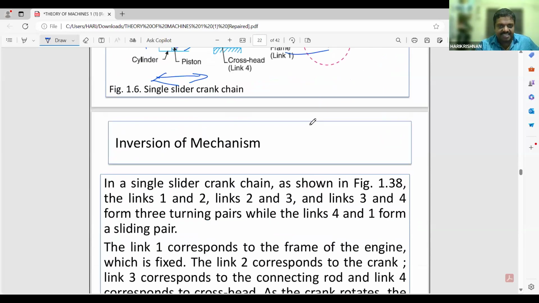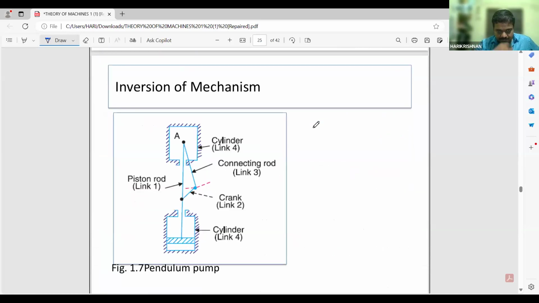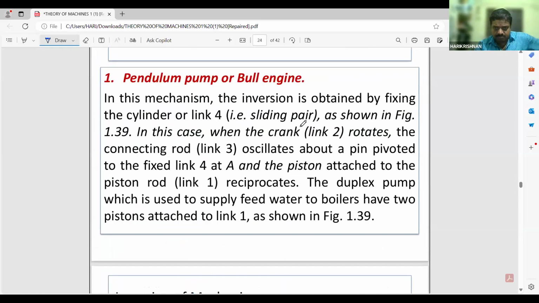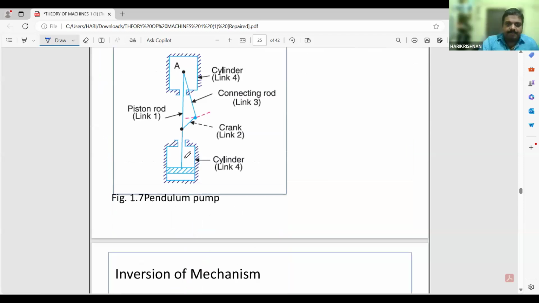Next are the inversions of the single slider crank. First is the pendulum pump or Bull engine. Here you may see the cylinder is fixed.